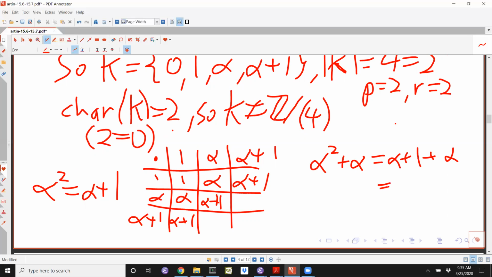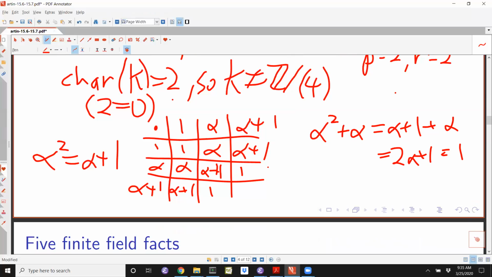But 2 alpha, right, so you tell me, everybody type in the chat window, what does that simplify to? Yes, right, that's equal to 2 alpha plus 1, which is 1, because 2 is still equal to 0. So you get a 1 over here and here.